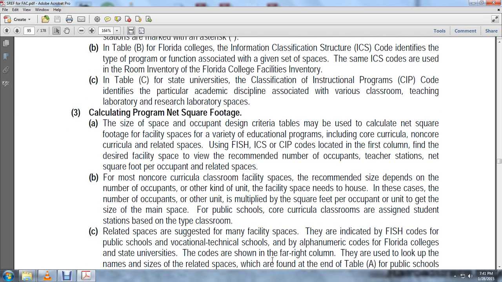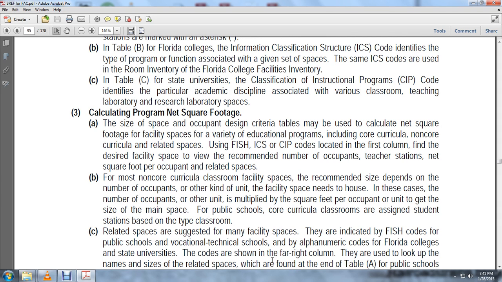For non-curricular classroom facility spaces, recommended size depends on the number of occupants and the kind of facility space needed. The number of occupants is multiplied by the square feet per occupant unit to get the size of the main space.